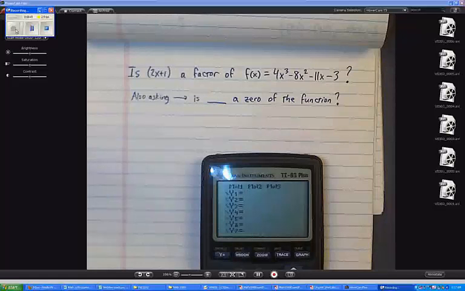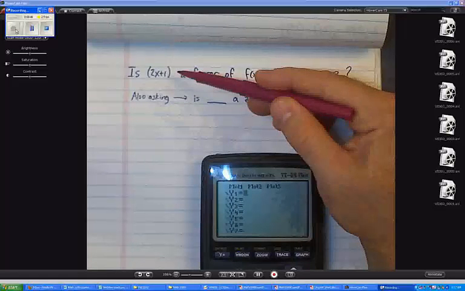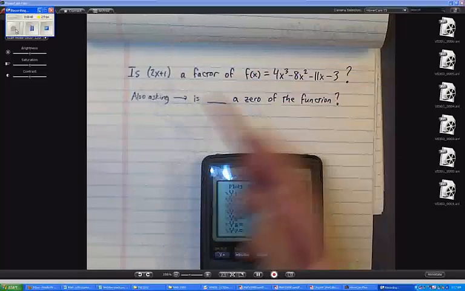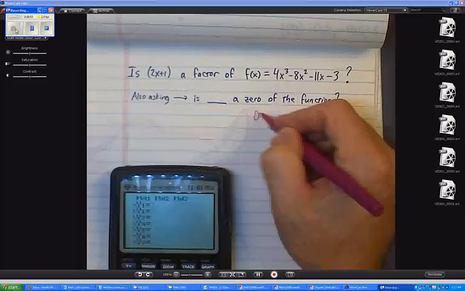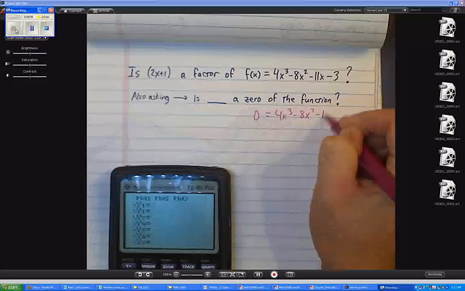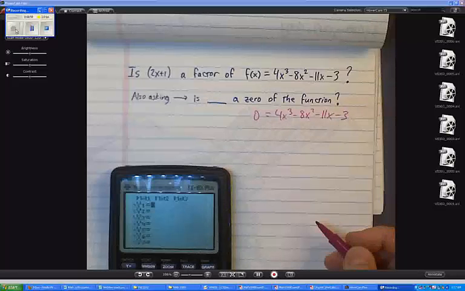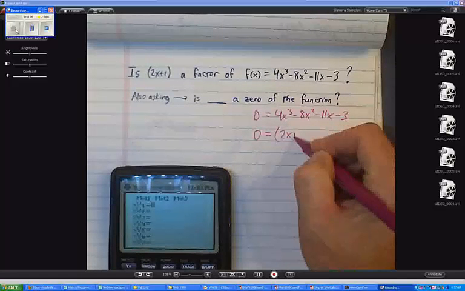Right? So, by the way, if 2x plus 1 were a factor, then when I'm trying to find the zeros, right, to find the zeros, we would write 0 equals 4x cubed minus 8x squared minus 11x minus 3, right? And if I knew that 2x plus 1 were a factor, it would be 2x plus 1 times whatever.